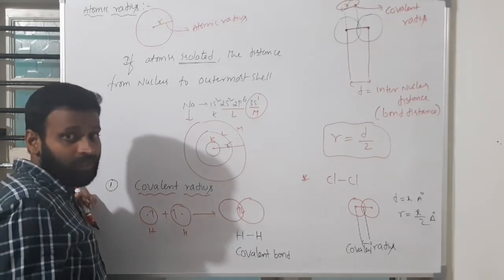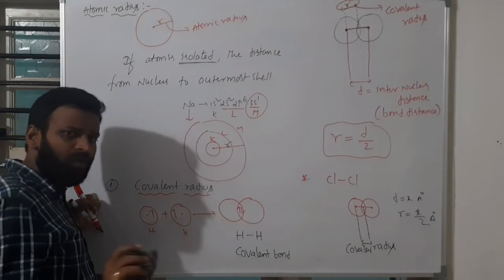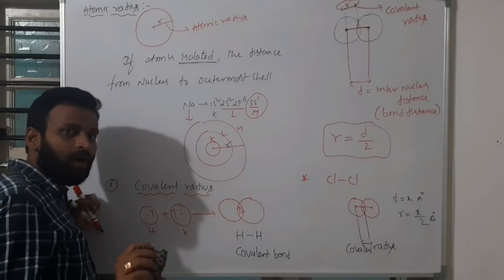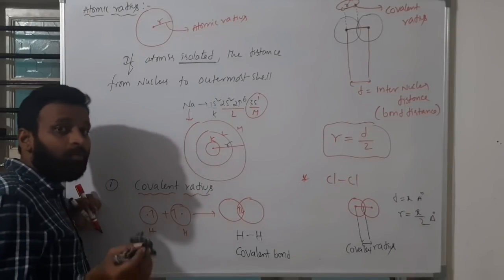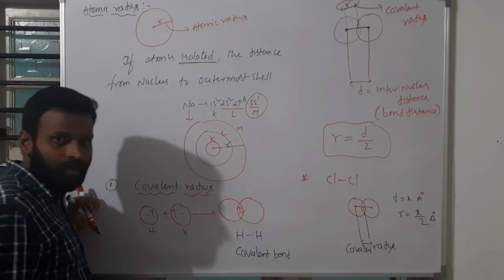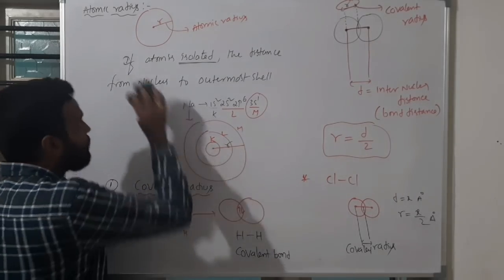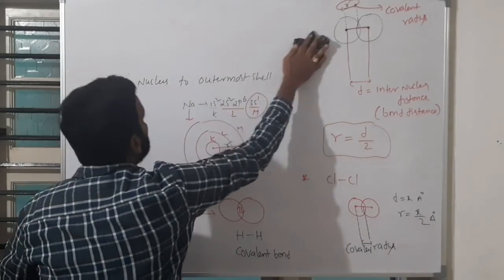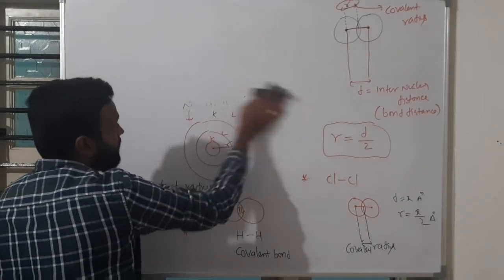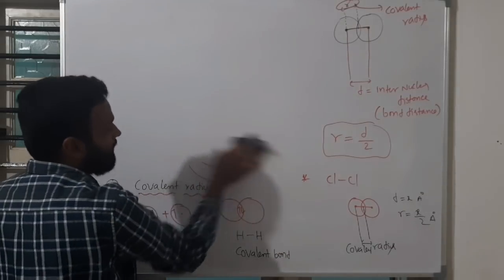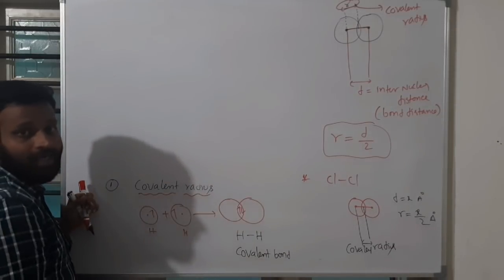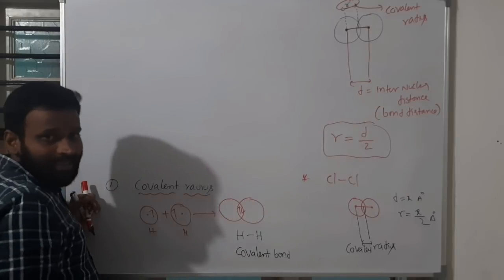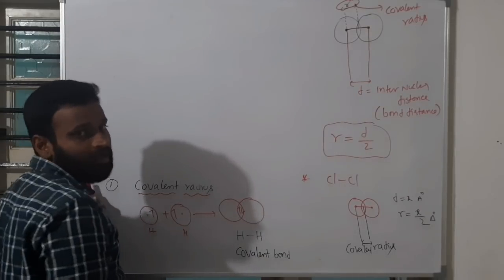But no atom is in an isolated state. Of course, noble gases are isolated, but noble gases also have weak van der Waals forces, I told you. The few remaining have some covalent bond or ionic bond or some metallic bond. So based on the chemical bond, we classify the radius as covalent radius, metallic radius, ionic radius, and van der Waals radius.